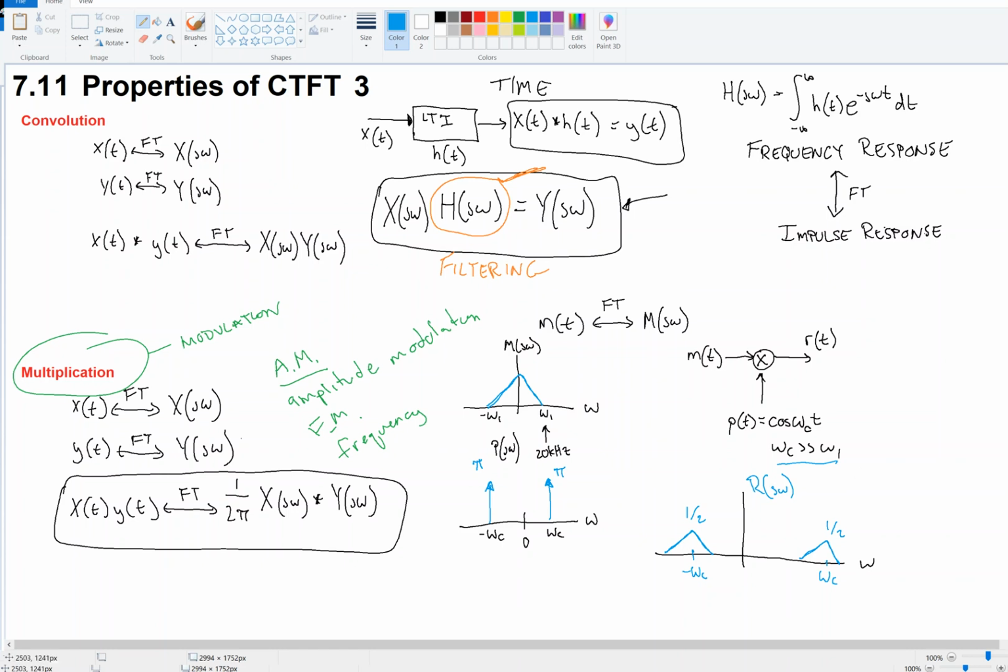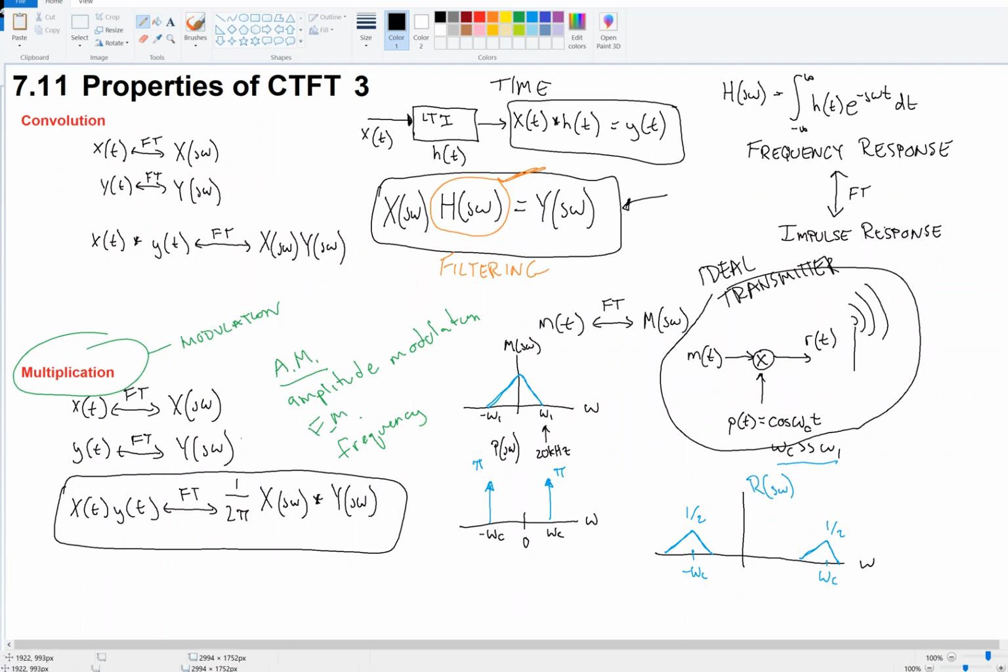This goes to an antenna, and then that gets broadcasted. So this is actually an ideal transmitter. Okay, that's how an ideal transmitter works.